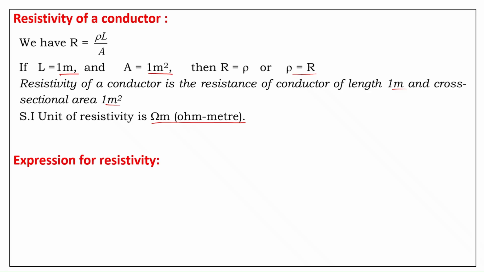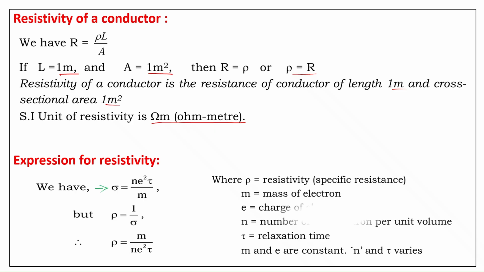Next, expression for resistivity. We have sigma is equal to Ne square tau by M. But rho is equal to 1 by sigma. Therefore, rho is equal to M by Ne square tau, where rho is resistivity, specific resistance.